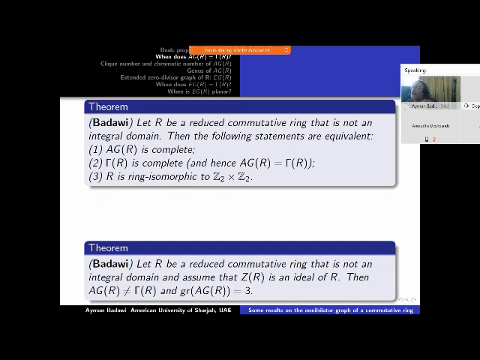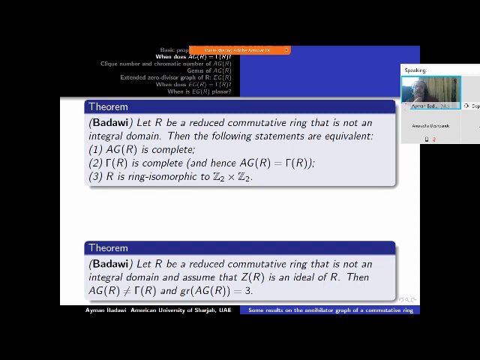If the ring is reduced, again, reduced means 0 is the only zero divisor, 0 is the only nilpotent element of the ring R. The nil of R is 0. Let R be a reduced commutative ring that is not an integral domain. Then the following are equivalent.